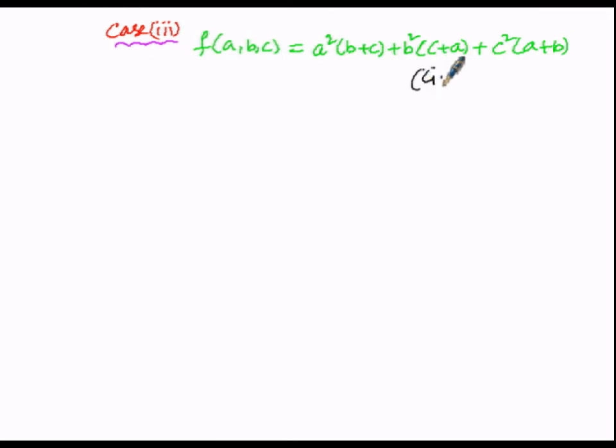According to the given expression, f of a comma b comma c is equal to a square into b plus c plus b square into c plus a plus c square into a plus b. This is the given expression. Now in the third case I want to interchange a and c.